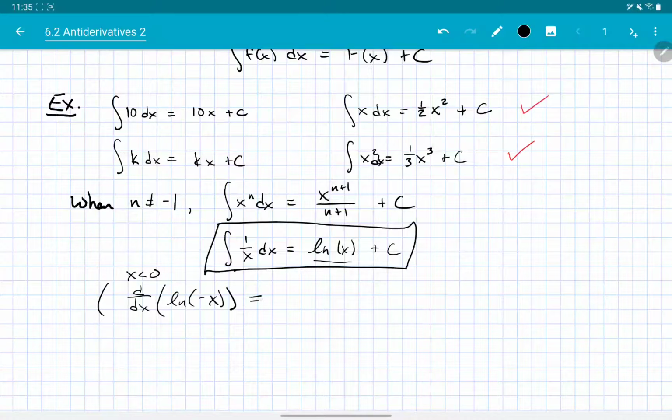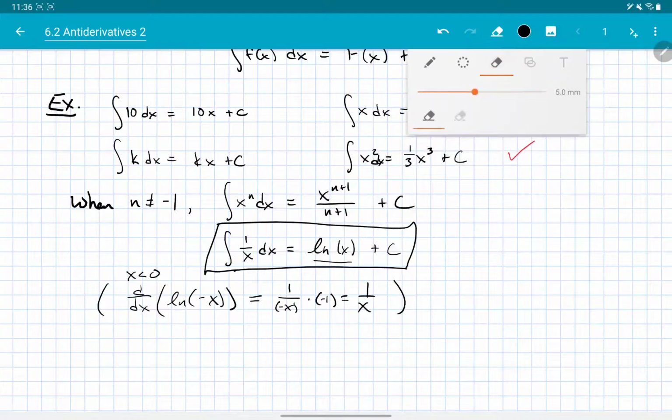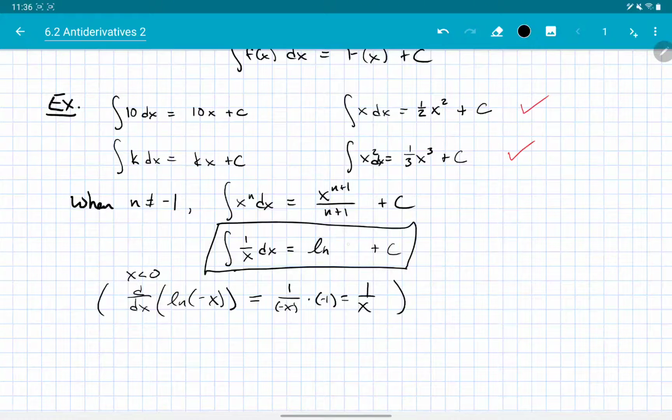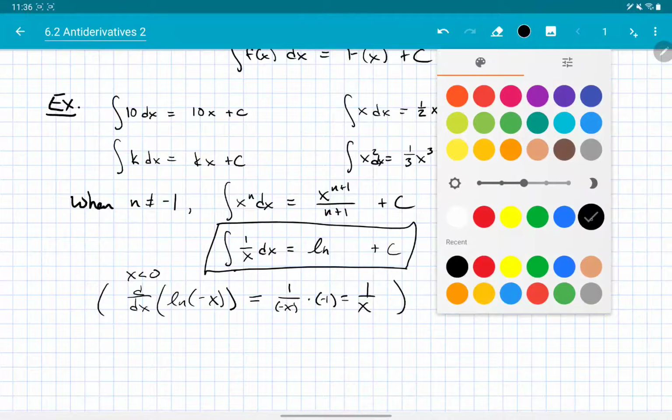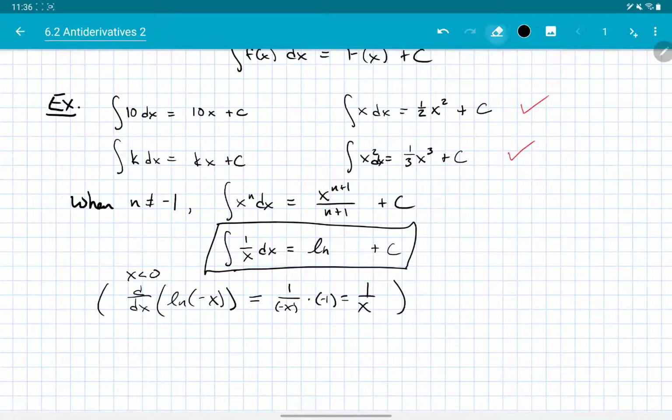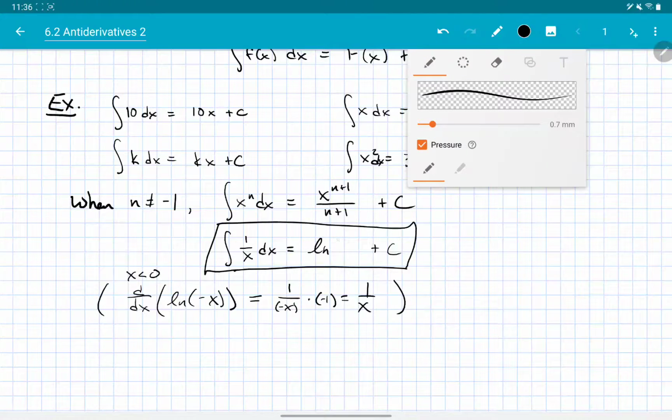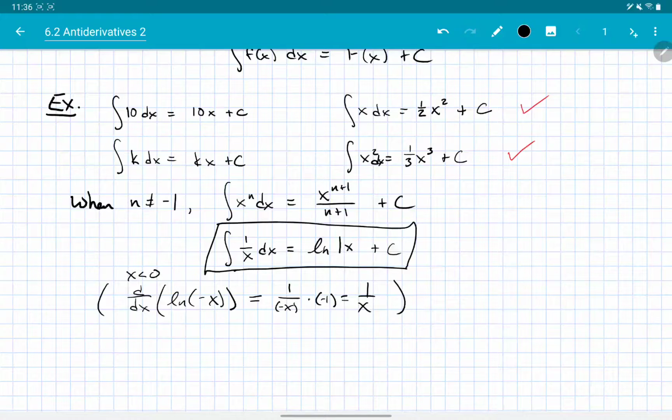That's a perfectly fine function. When I take that derivative, I get 1 over negative x, and then by the chain rule I multiply by negative 1. I get 1 over x. So I actually get the same function regardless. So the way we treat this is that instead of natural log of x plus a constant, we write natural log of the absolute value of x plus a constant. And that takes care of both cases.